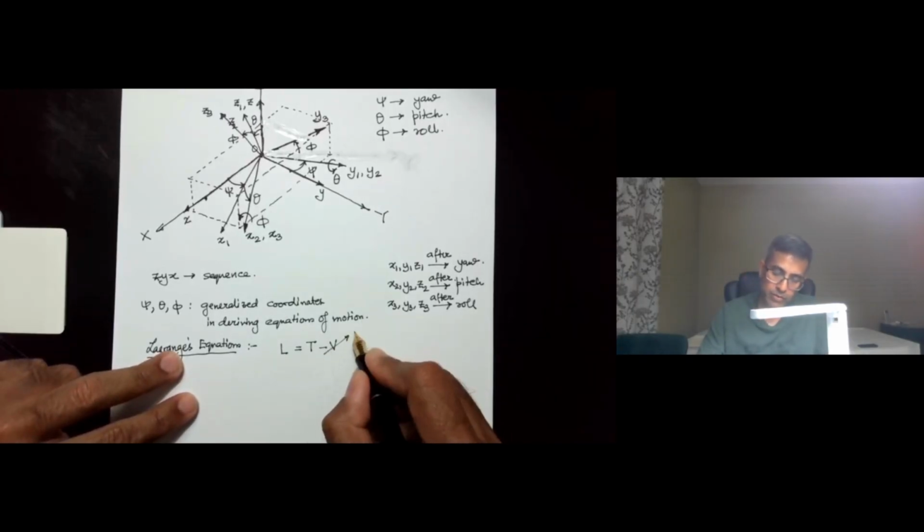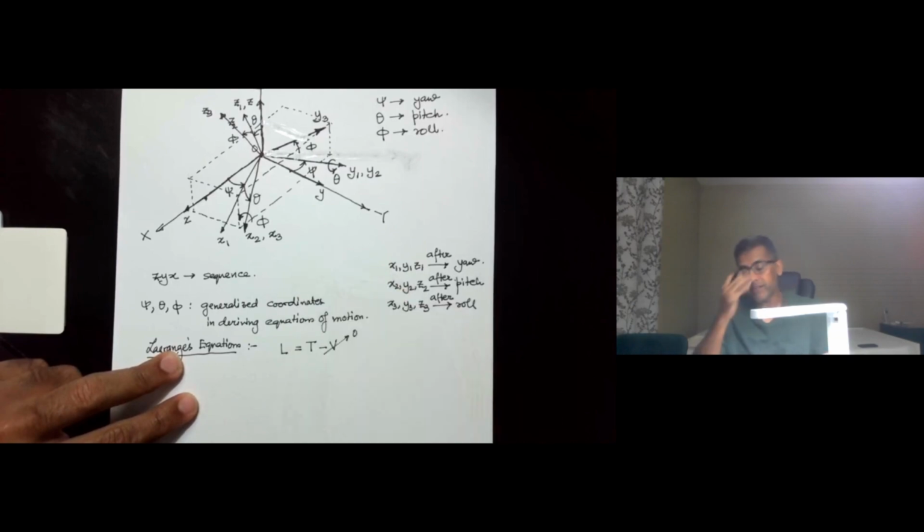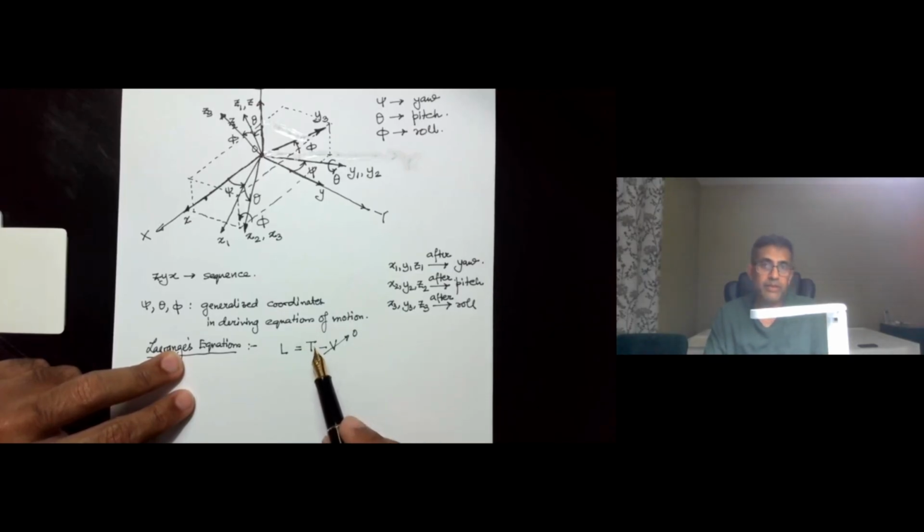In this case, V is equal to 0, since we are considering the motion of a rigid body in space. So it is just having rotations. Even within the kinetic energy, we don't need to consider the translational kinetic energy because we are considering only rotations of the rigid body.